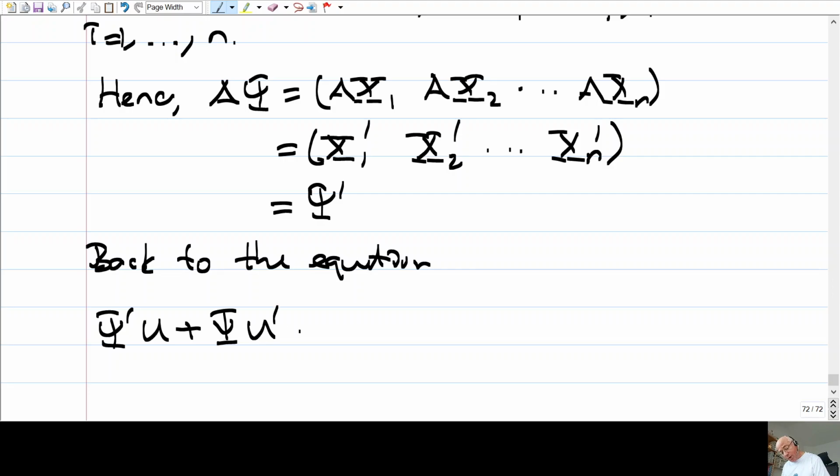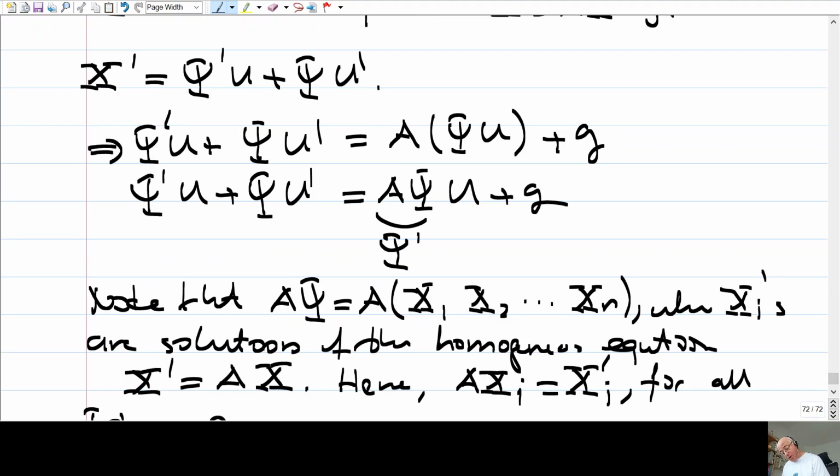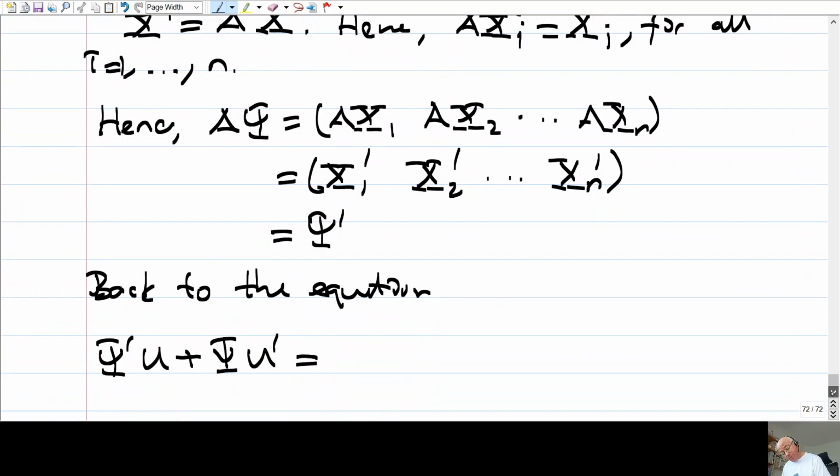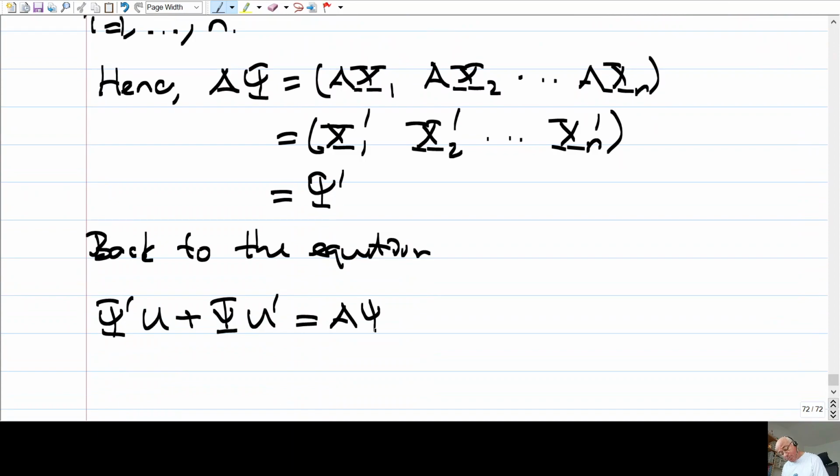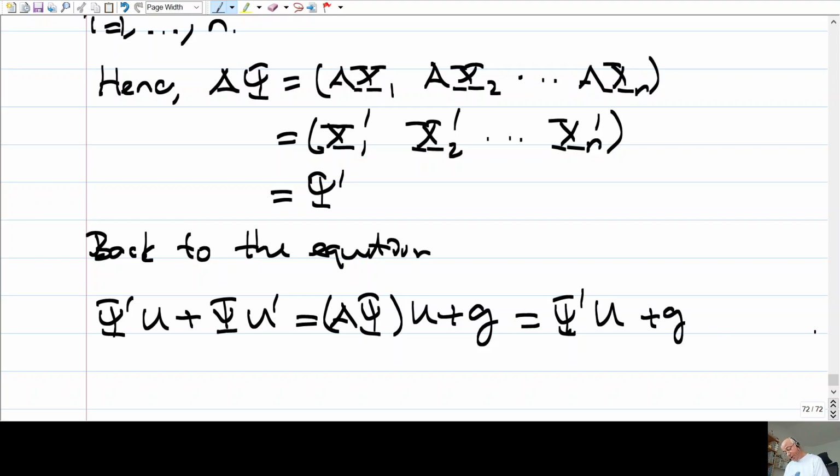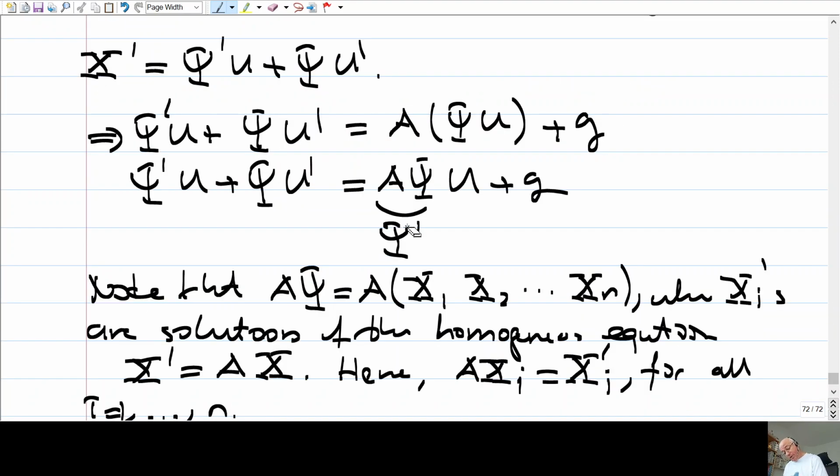Psi u prime equals A times psi u plus g. But A times psi is just psi prime, so psi prime u plus g, right? Okay.